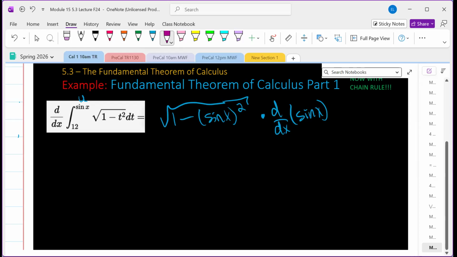Now the derivative of sine of x is cosine of x. And then strangely enough, our 1 minus sine squared, that's actually cosine squared.